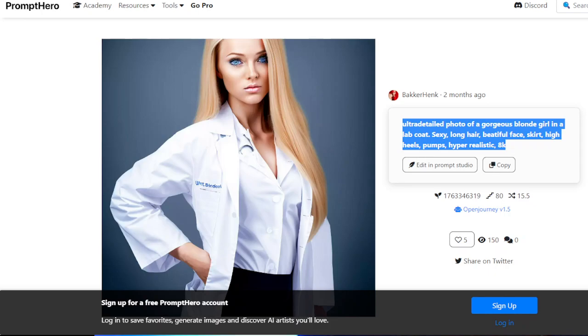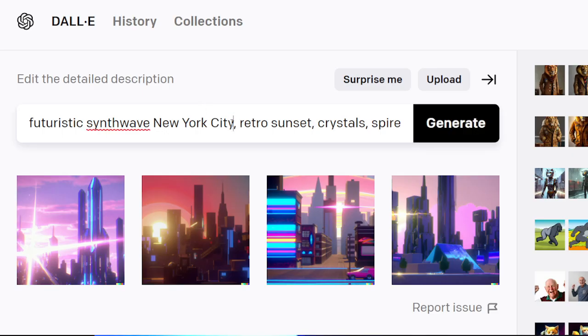Somewhat, right? She looks like a professional person. So I could go over here and I can say ultra detailed photo of a gorgeous blonde. Okay. So we can say a gorgeous brunette, right? Just change some of the details. In a lab coat, okay, we could say in a business suit, right?